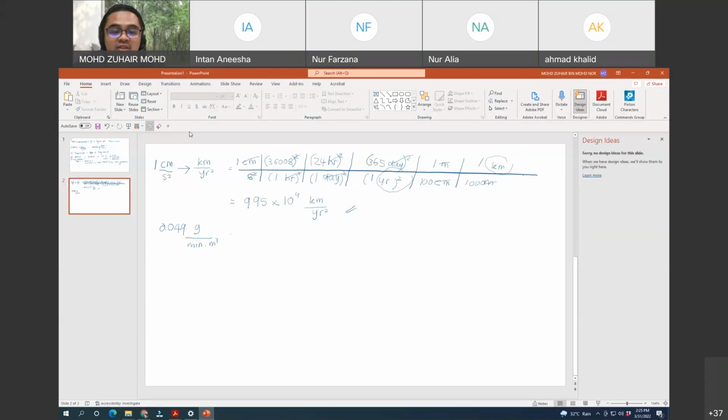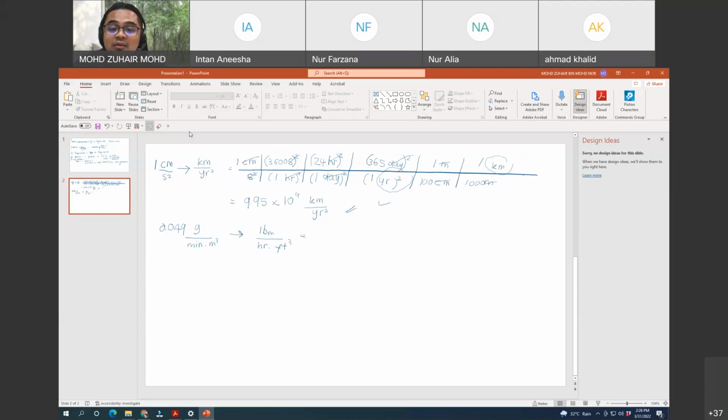We want to change this to pound mass over hour times feet cube, feet power of 3.